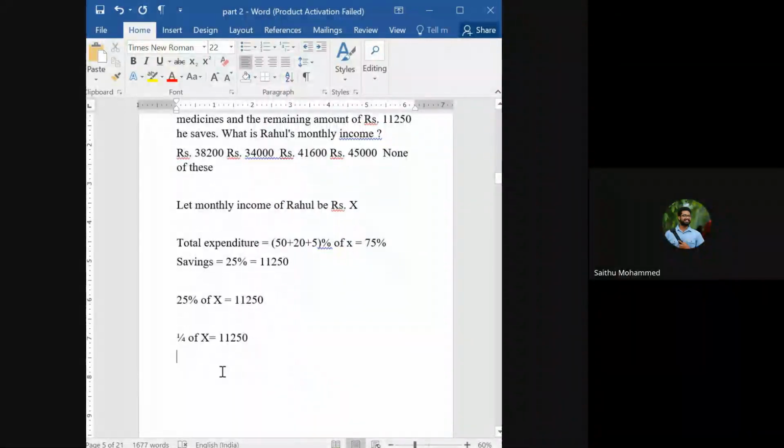Now solving that, 1/4 of X means 1/4 into X. To understand the multiplication, I'm giving an asterisk mark here.